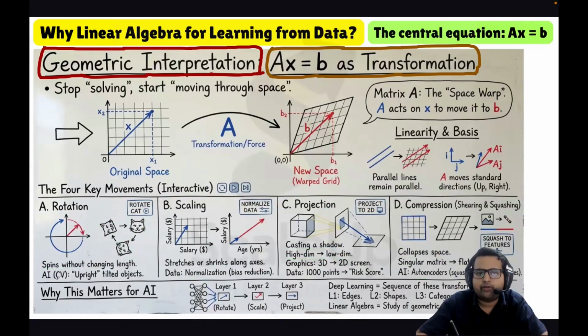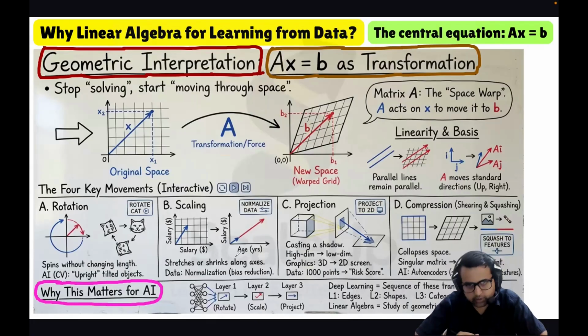Now let us look at why this matters for AI. When a deep learning model thinks, it is actually passing your input through a sequence of these transformations. So deep learning is basically a sequence of transformations. In layer 1, it might be rotating the input vector to find edges.